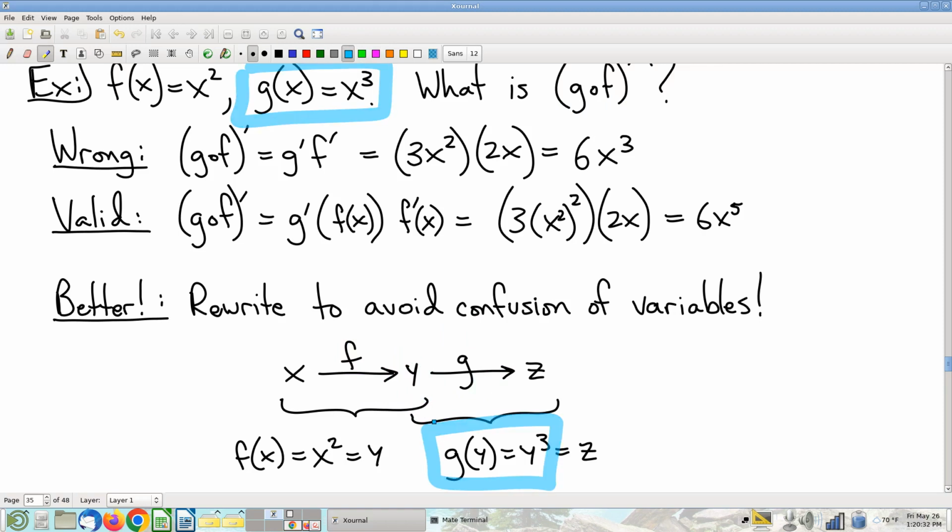Now what I've got in blue here, highlighted in blue on the top and the bottom of the page, is the exact same function. G is not changing at all. G is still G. G is still the act of cubing whatever you put into it. I'm just writing it now with respect to a different, more appropriate dummy variable.